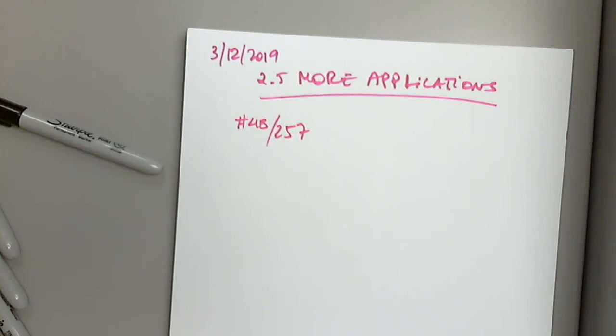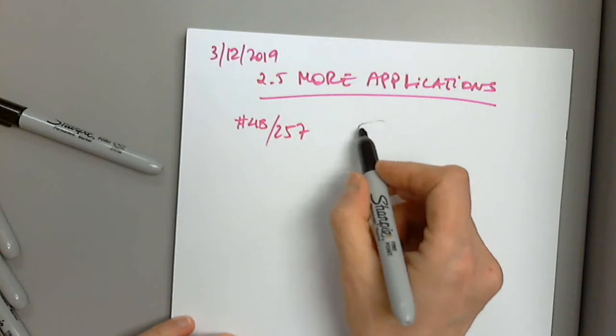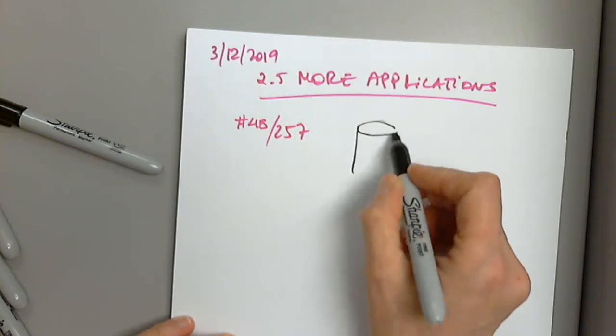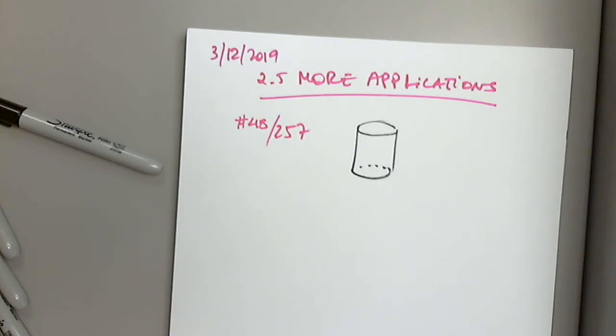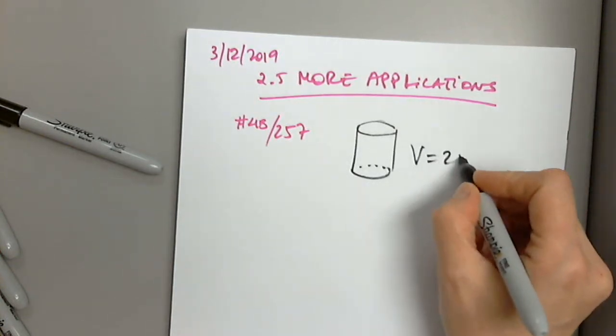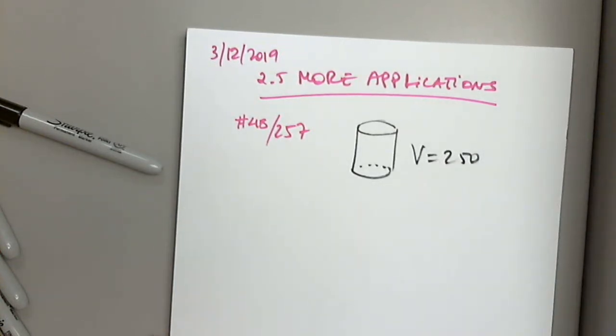A closed top cylindrical container, okay? That's all I know so far, is to have a volume of 250. I found an error. It says volume of 250 squared inch, on page 257.